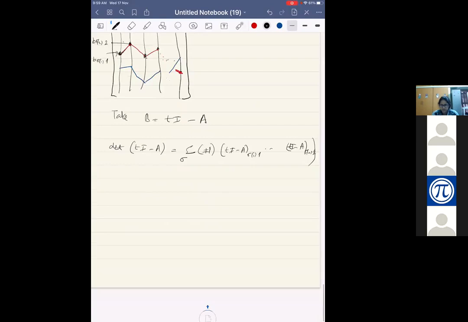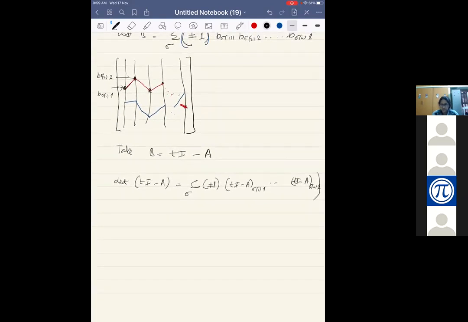Now look at any one of these factors. That will be of the form (tI minus A) sigma j, j.